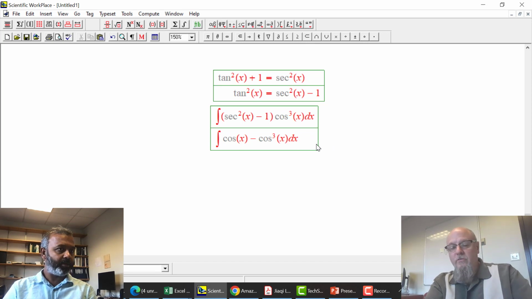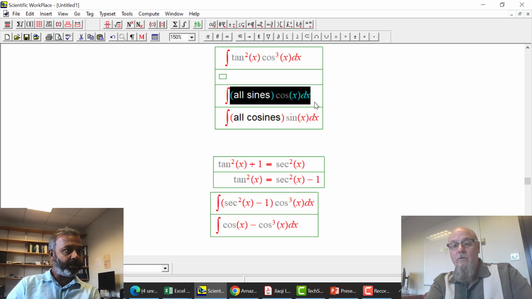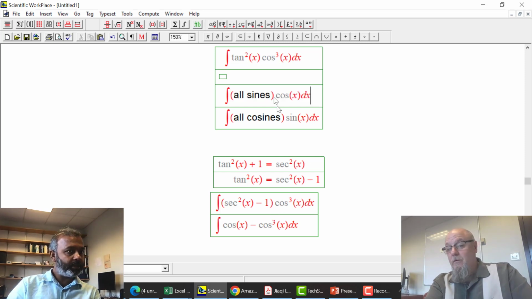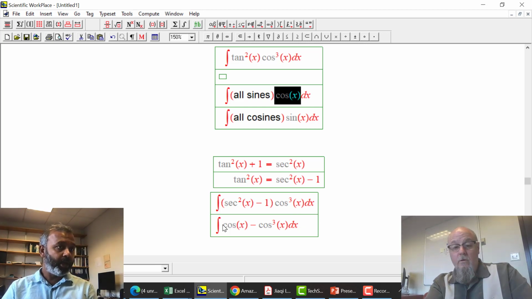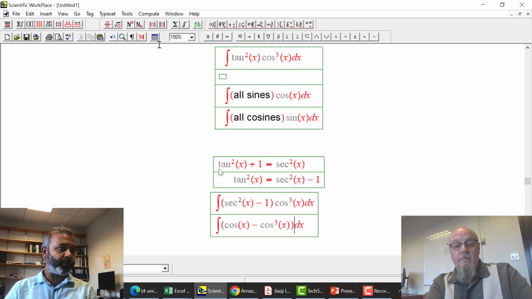Okay, so we did the distribution. Let's focus back on what this looks like. All cosines, but there is no sine there. So let's keep one of those cosines. Yeah, you can factor out one cosine from there.